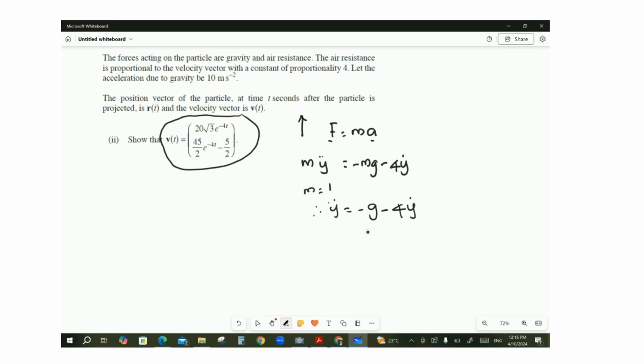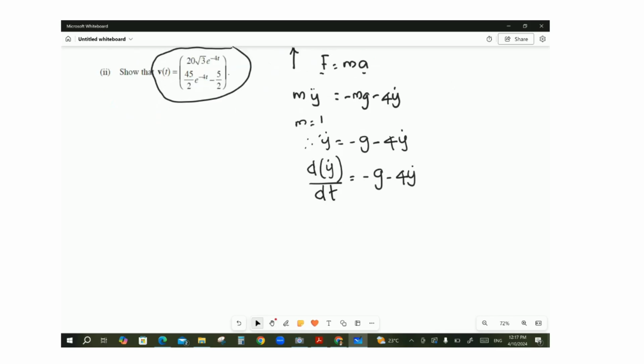So y double dot, I can write as dy dot divided by dt, is equal to minus g minus 4 y dot. I can do some rearrangement, then that is dy dot divided by minus g minus 4 y dot equals dt. Now I'm going to integrate both sides.